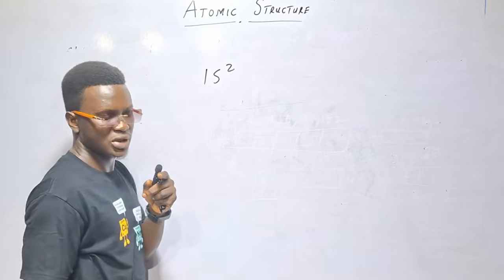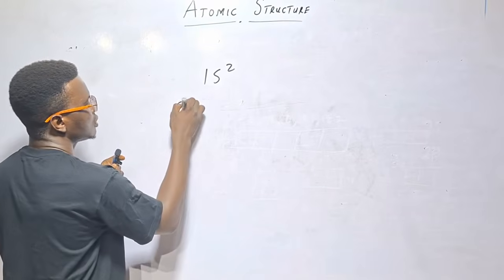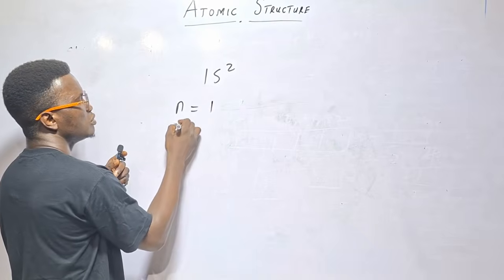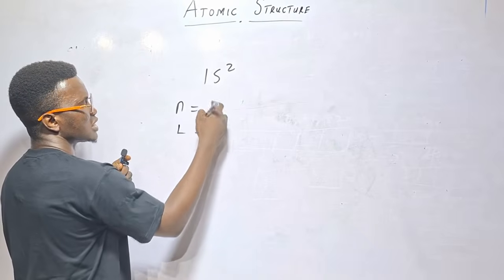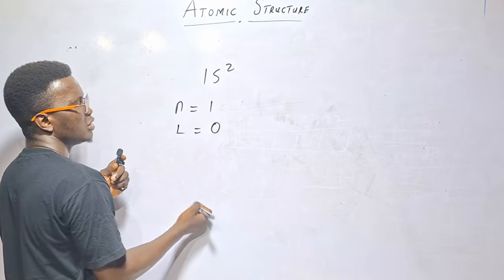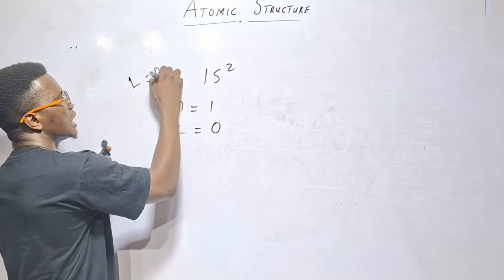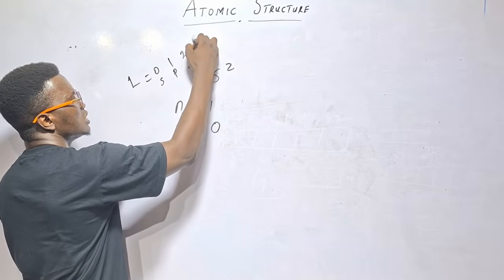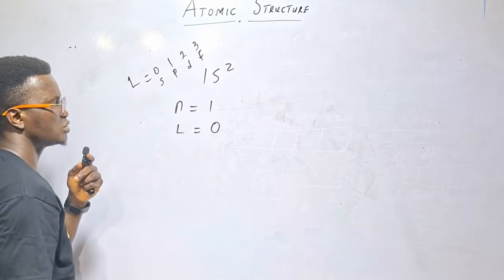Let's determine their principal quantum numbers. So the principal quantum number for the first electron is going to be 1. Then what will be the azimuthal? Since it is s, that's going to be 0. You remember, we said when L is 0, that is s. When L is 1, that is p. When L is 2, that is d. When L is 3, that is f. That's what we just finished doing.